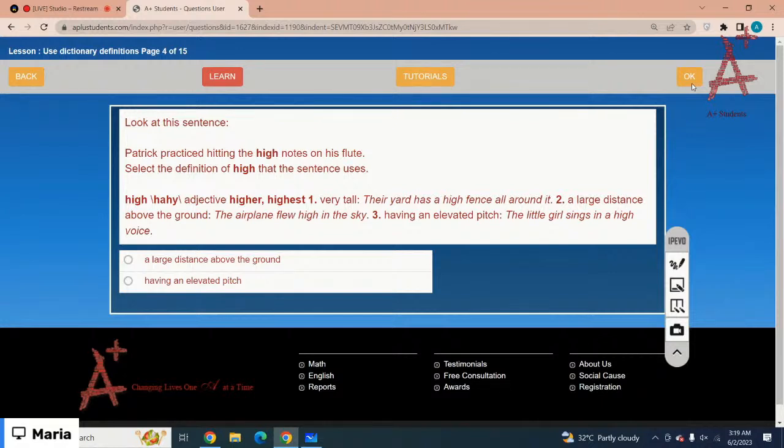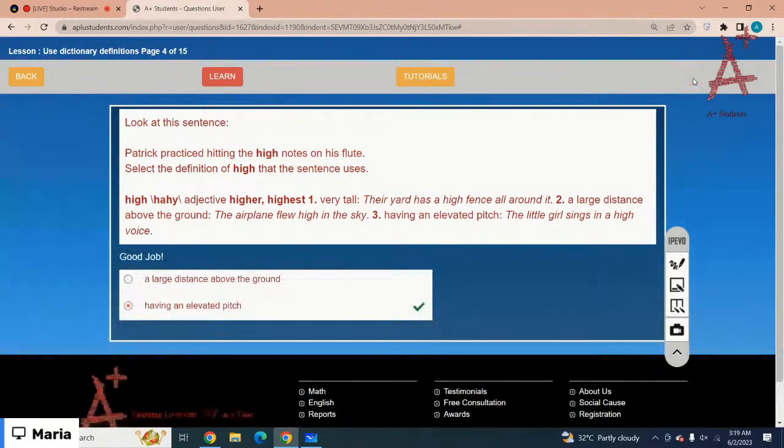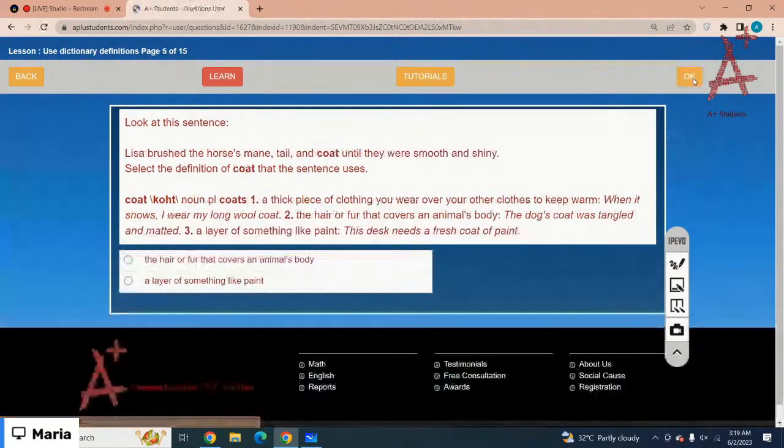Yes, please write down the answer only once. It would be having an elevated pitch. Option number two is the correct option. I can see all your messages. If you write once, I can see.